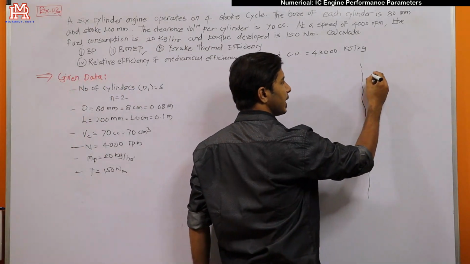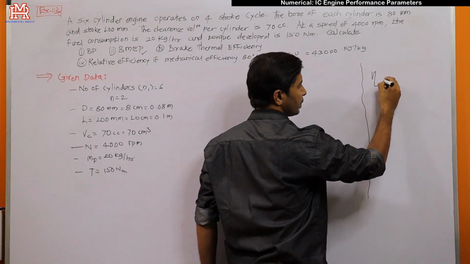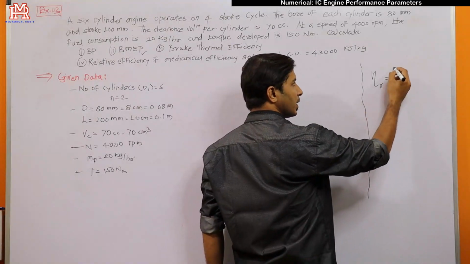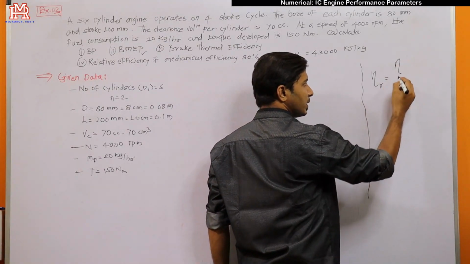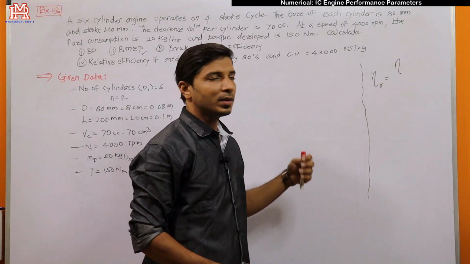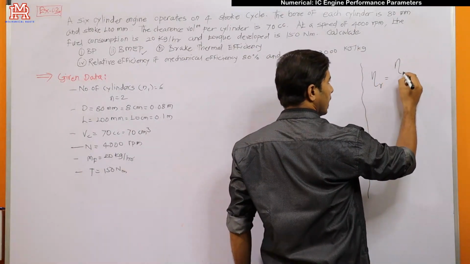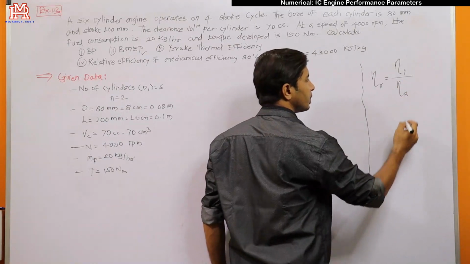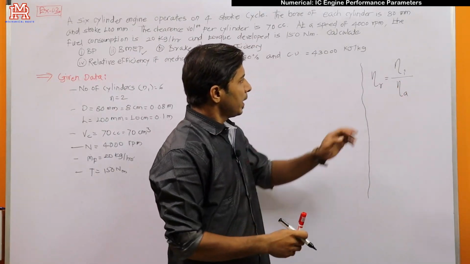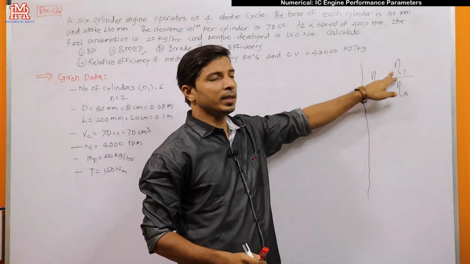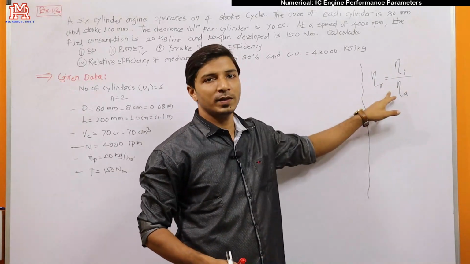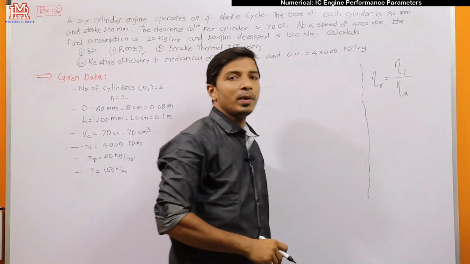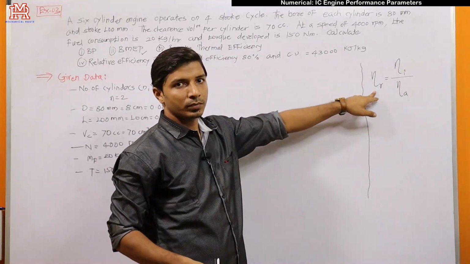Relative efficiency can be indicated with NR, which is equal to, as we have discussed in the engine performance parameters lecture, NI divided by NA, which means indicated thermal efficiency divided by air standard efficiency. If you know these two values, then only you will be able to get NR.